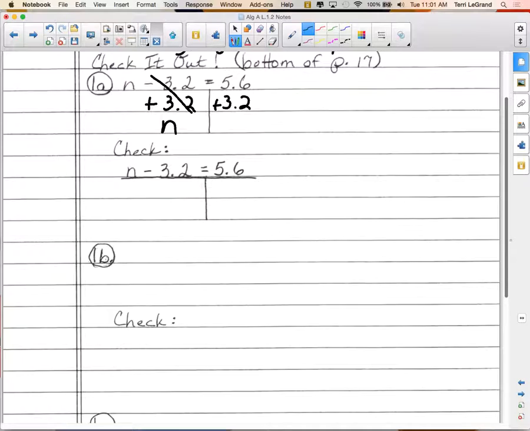So now the n is by itself, and we don't need a calculator. What's 5 6/10 plus 3 2/10? 8 8/10. And bring down our equal sign. What is this called again? N equals 8 8/10. Which of those 4 vocabulary words in the front is that? What did we just find?